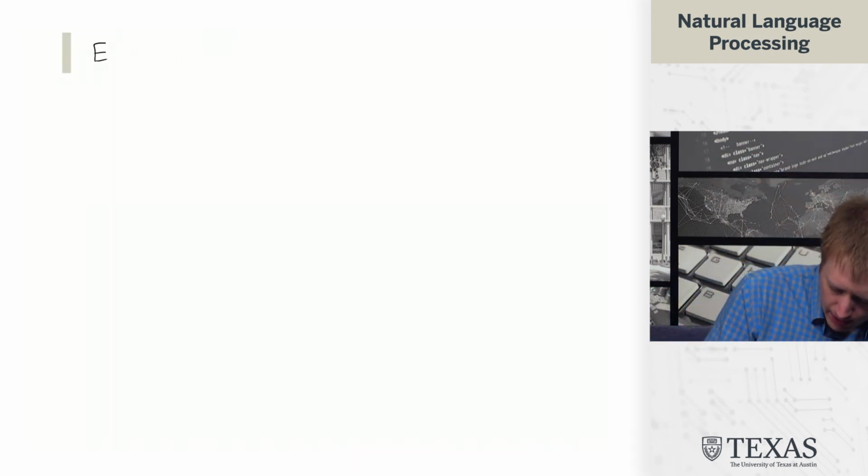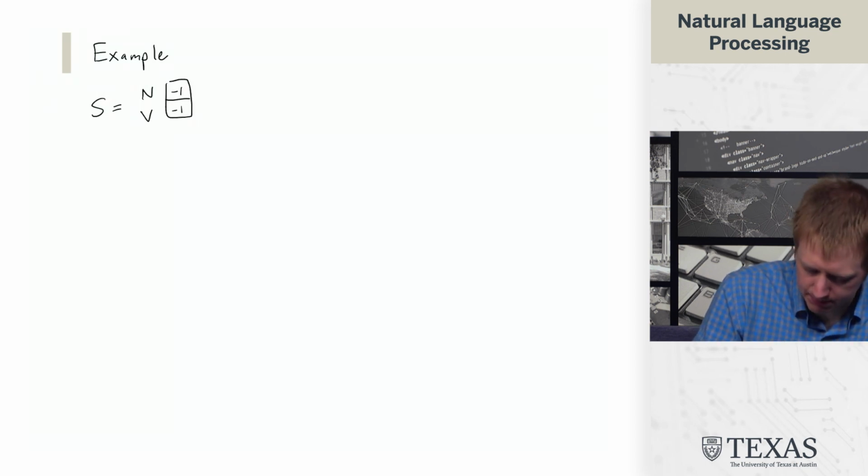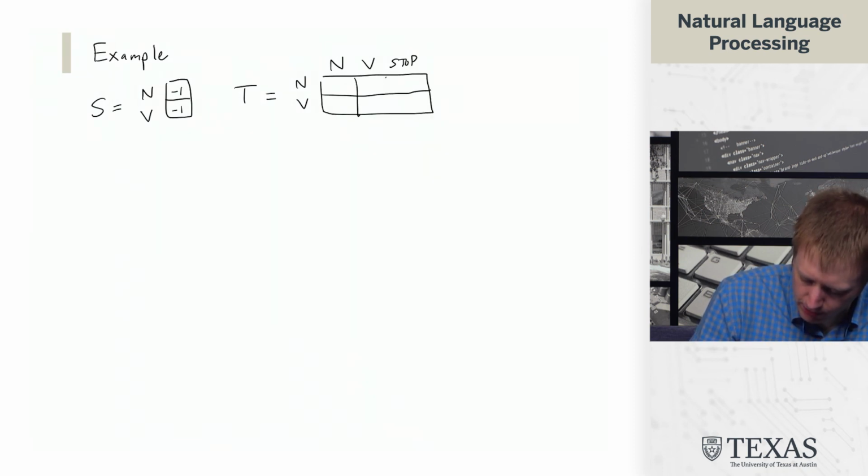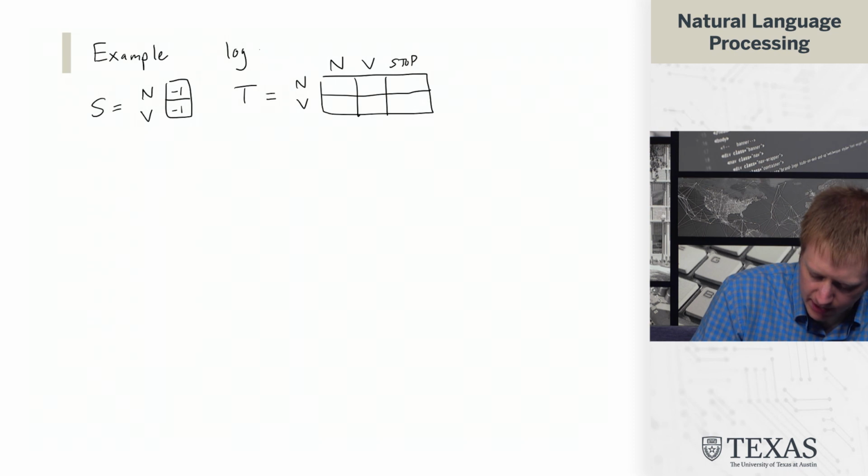Okay. I'm going to very briefly show an example of what this looks like. So we're going to follow the same rough template that we've been using for a couple of examples so far. And what I'm showing here are log probabilities.